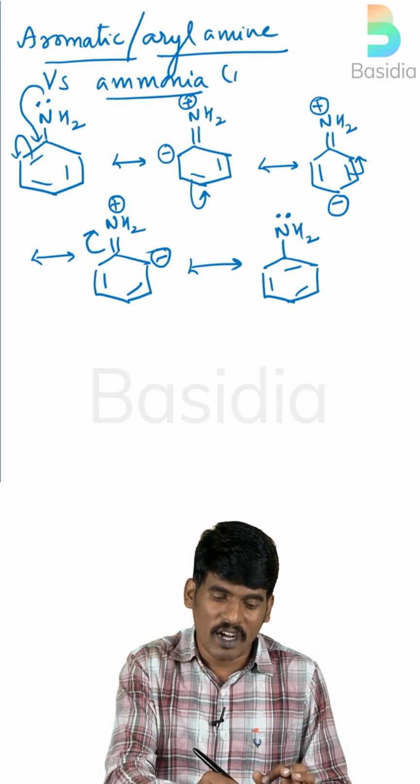But in case of aniline, the lone pair of electrons is not available. What I'll write here? In aniline, the lone pair is not available for donation, as it is involved in resonance.